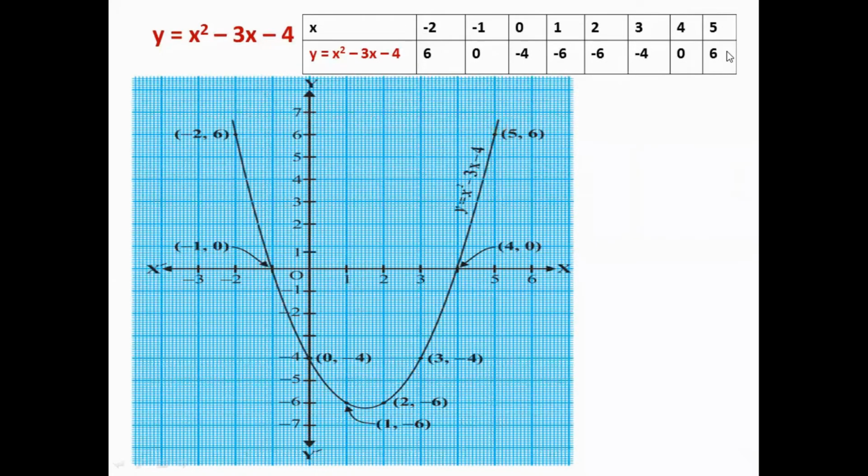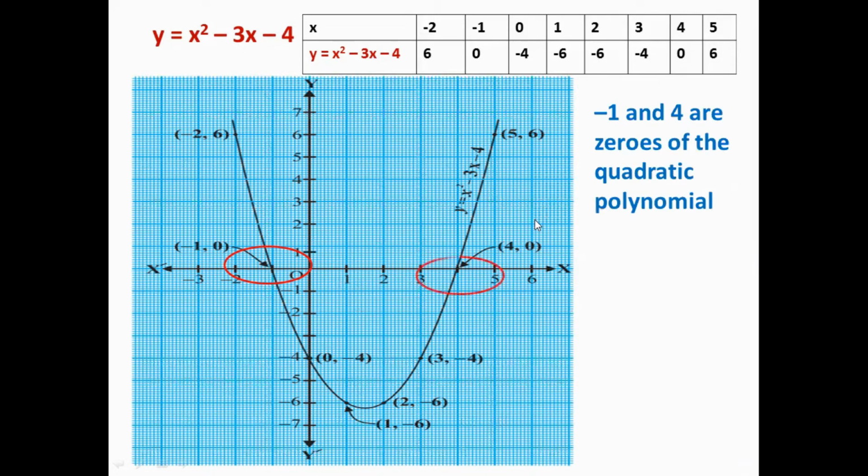Now I have marked the intersection points of the graph with the x-axis. This is the first intersection point and this is the second intersection point. As you can see, the x coordinates of the intersection points are -1 and 4. Hence, I can say -1 and 4 are the zeros of the quadratic polynomial.